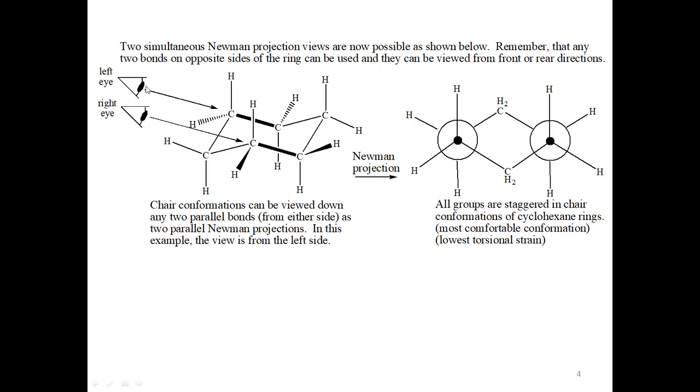And so when I look at, say, the left guy, I'm going to see there's an axial position that goes up here on the front carbon. So this is just these parallel lines help us draw Newman projections. Remember, the front carbon is a dot, and the back carbon is a circle.